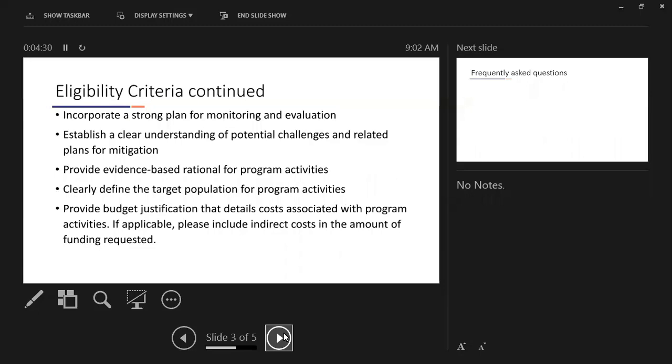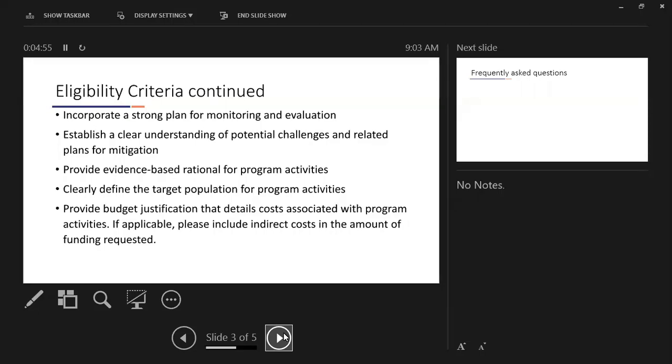Continuing with the criteria, your proposal must incorporate a strong plan for monitoring and evaluation. We should clearly see established protocols, potential challenges, and your plan for mitigation. You must provide evidence-based rationale for program activities and clearly define the target population for your program.